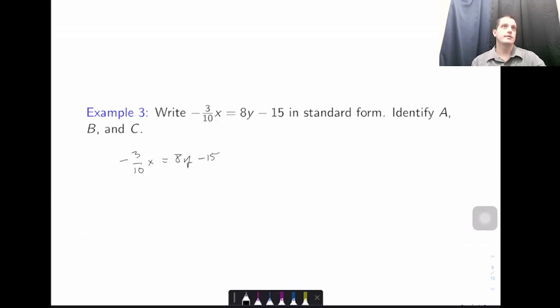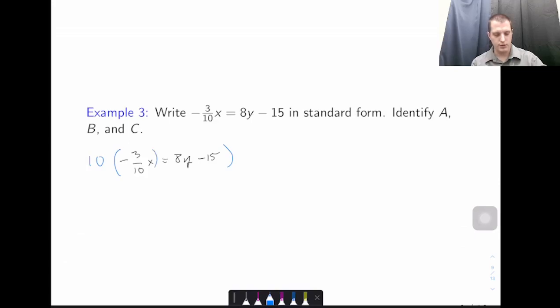Right away, I see two problems here. We need to rearrange some things, but also we have a fraction. I'm going to get rid of that fraction by multiplying everything here by 10. For those of you who aren't used to this, this is my lazy way of saying I'm multiplying the entire equation.